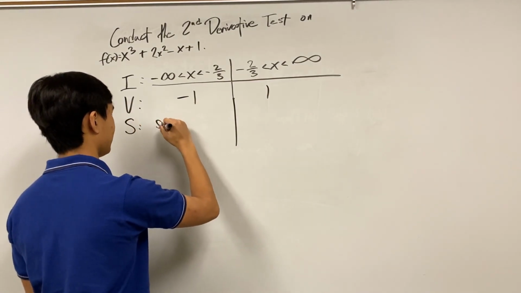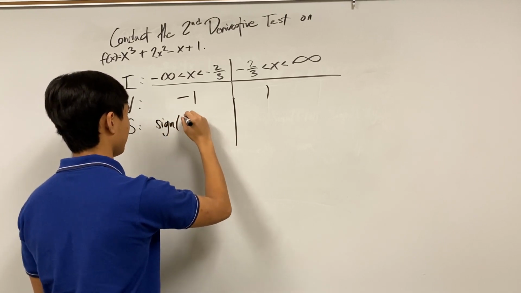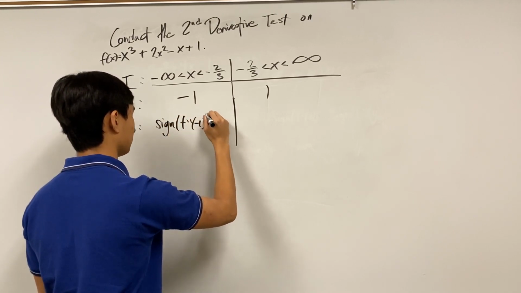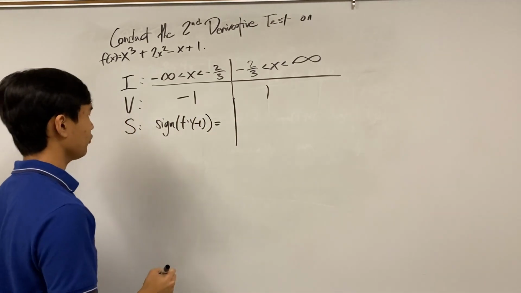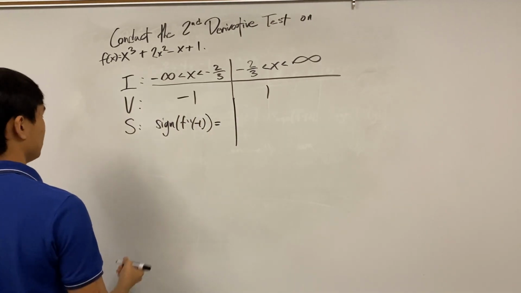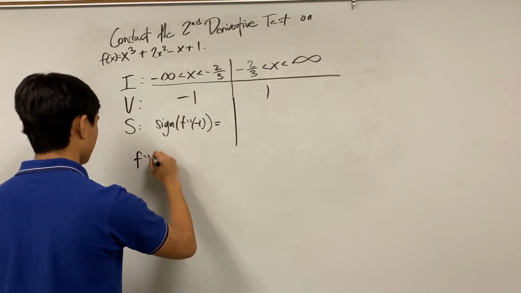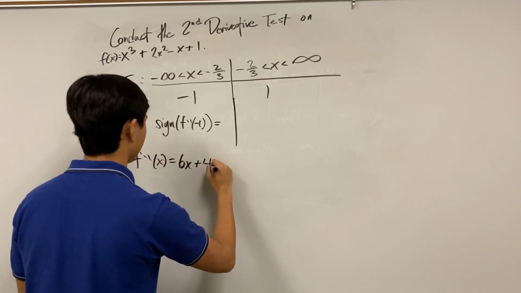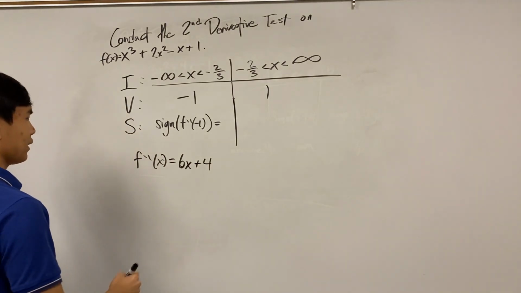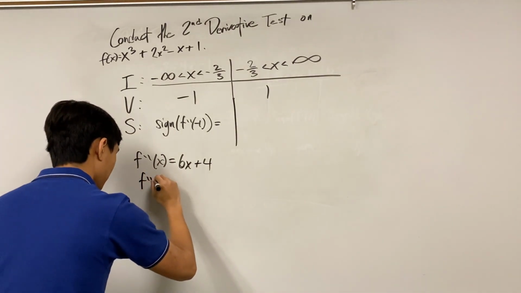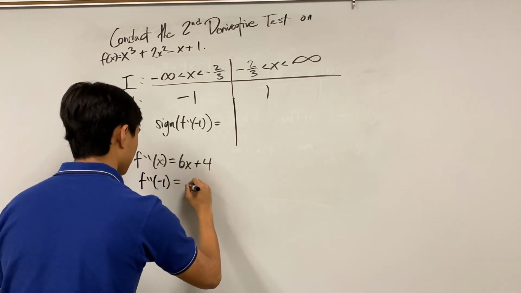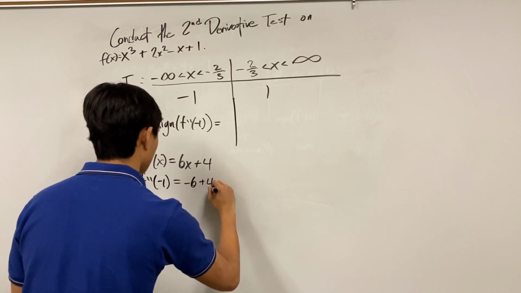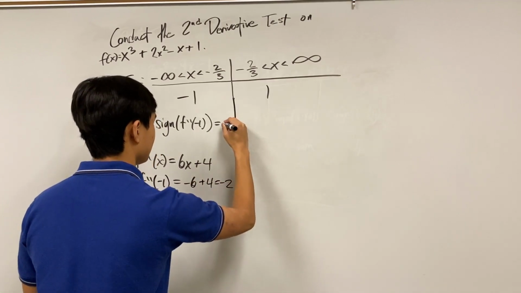All right, now for the sign. What is the sign of f double prime of -1? Well, f double prime is 6x plus 4. And f double prime of -1 is -6 plus 4, which is -2. So this is negative.